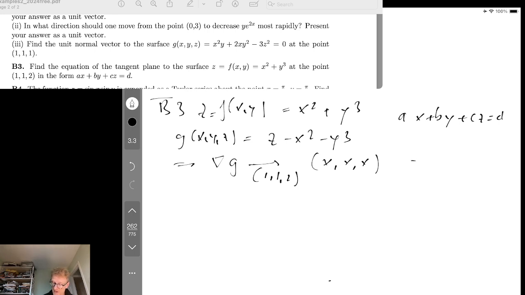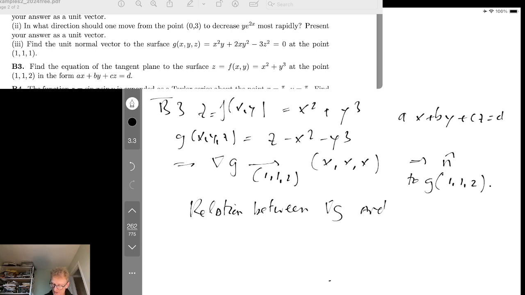Now we need to find, so this relates again to B2, we need to find the normal to g at (1, 1, 2). So what is the relation between grad g and the normal?